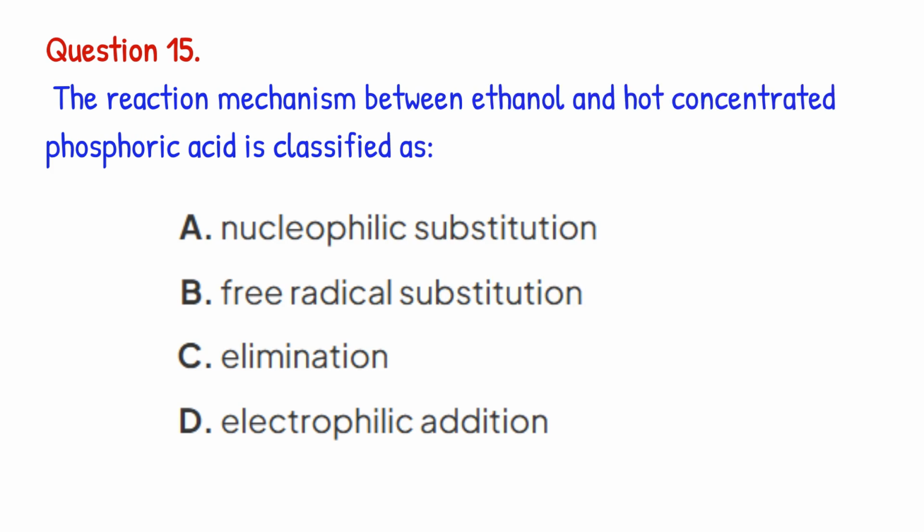The reaction mechanism between ethanol and hot, concentrated phosphoric acid is classified as. The correct answer is C.